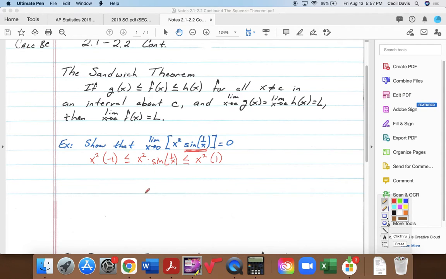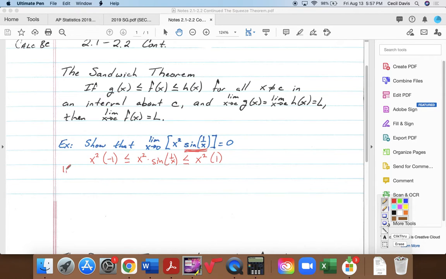Then we need to find what happens as x goes to, in this case, 0, but it could be anything, to this farthest left function and this farthest right function.